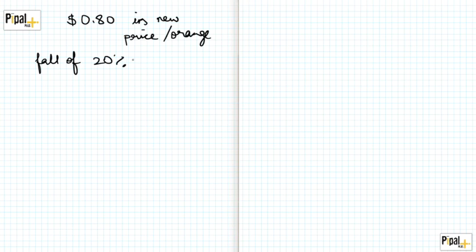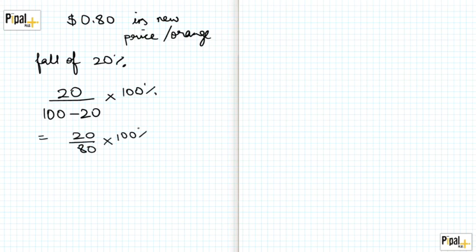If I have to find out how many more oranges I can now buy, my answer is going to be 20 divided by 100 minus 20 into 100%. So this gives us 20 upon 80 multiplied by 100%, which is 1 by 4, which is equal to 25%. So a fall of 20% in price per unit will result in 25% more entities that I am now able to buy.